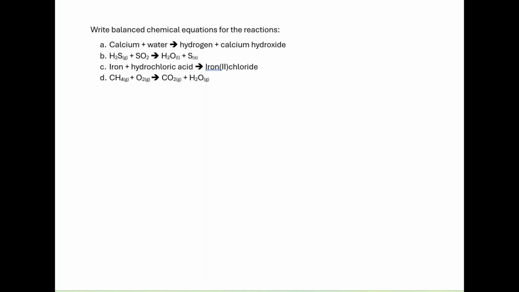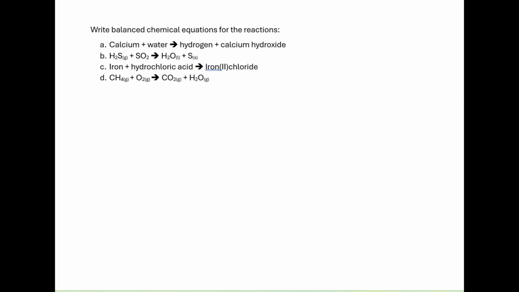In this video, we'll be looking at these few chemical equations. The question says, write balanced chemical equations for these reactions. The first reaction is A, which is calcium plus water to produce hydrogen plus calcium hydroxide. The second one is hydrogen sulfide plus sulfur dioxide to give us water plus sulfur.